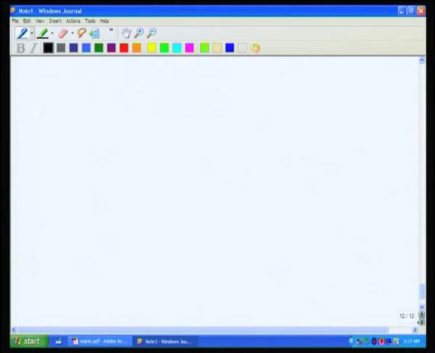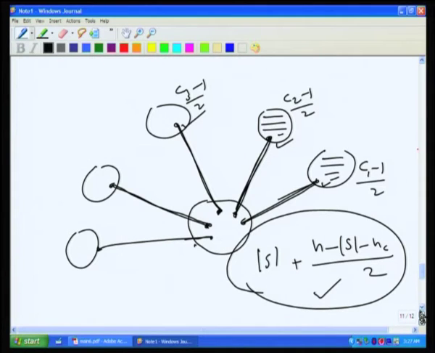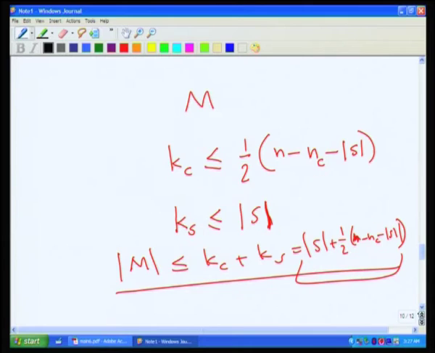So, we repeat that there exists a matching of this cardinality, and any matching has to be of cardinality less than or equal to this. So, that means this is a maximum matching, and not only that, any maximum matching should be of this type. Why?